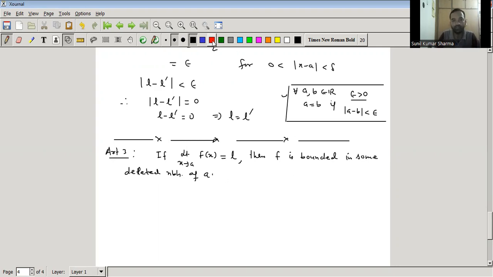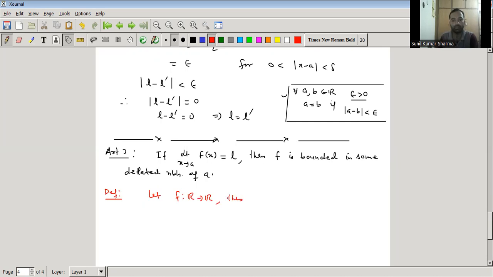First we define what is bounded, right? Before proving this article, let us give one definition of how we can define a function to be bounded. Let f be a function from R to R, real numbers to real numbers.